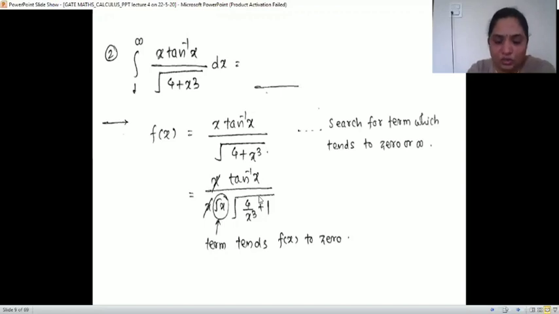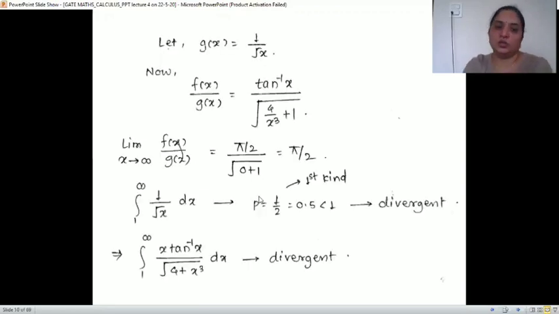So we need to check only the limit of f of x upon g of x, which is finite and non-zero. So what we can say is either both converge together or both diverge together. So we cannot say directly for f of x, but we can say for g of x. So we'll check what about the integration of g of x. Integration 1 to infinity of 1 upon root x.